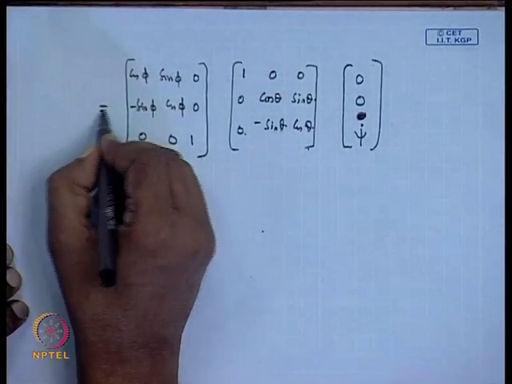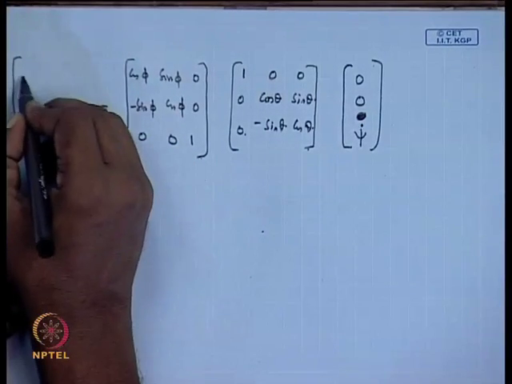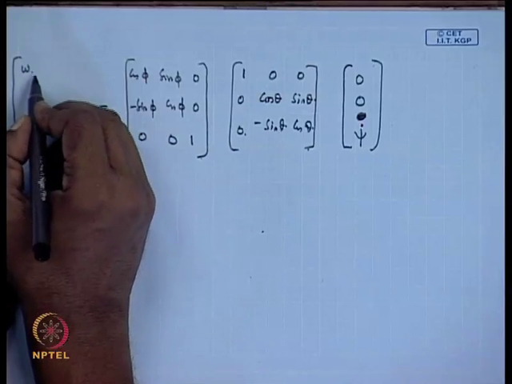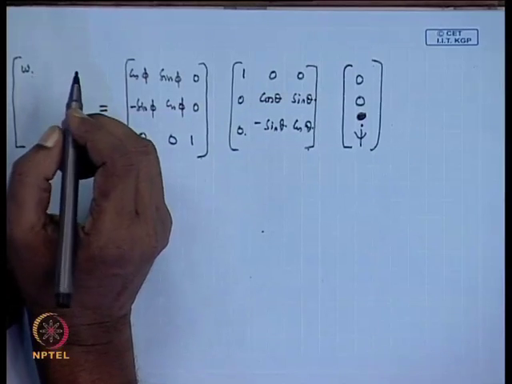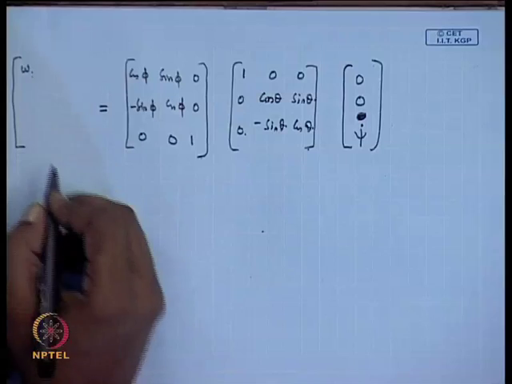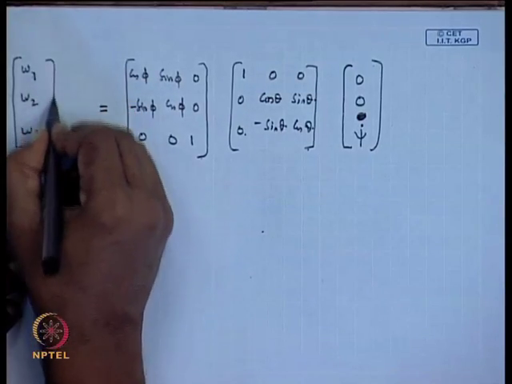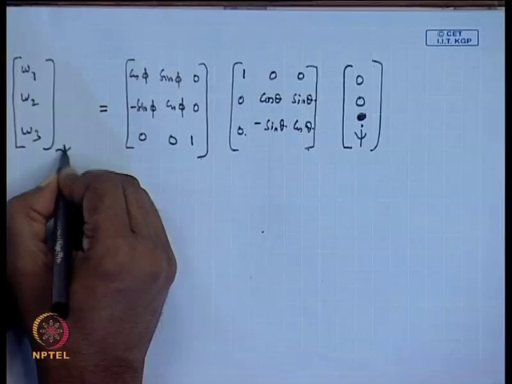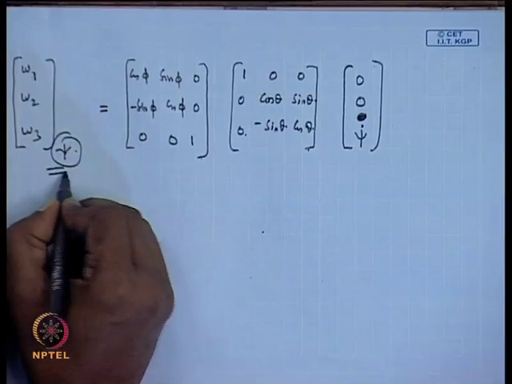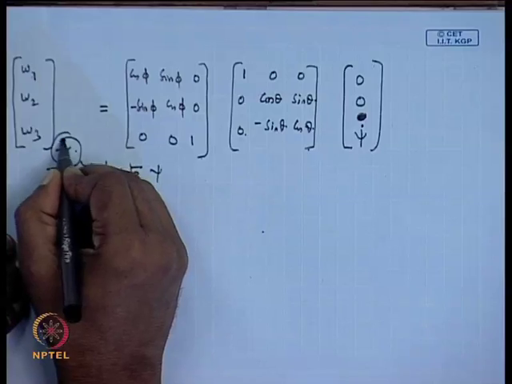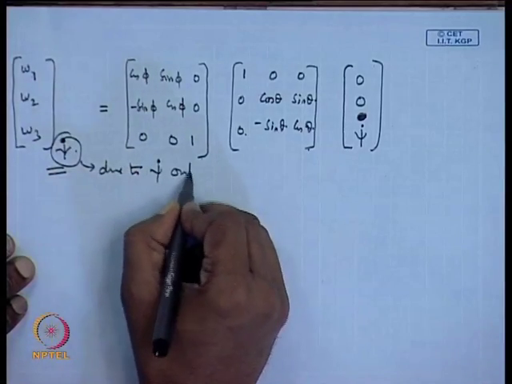Okay. And this will give you the components along the E 1, E 2 and E 3, which is the final body x. So, we will write omega 1, omega 2, omega 3, these are the components, but this is only due to psi dot only.